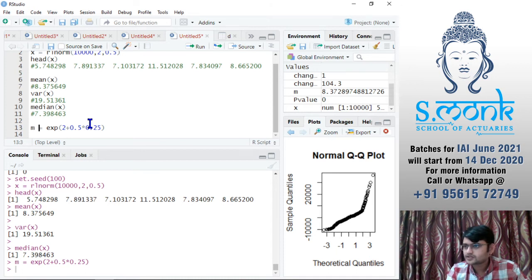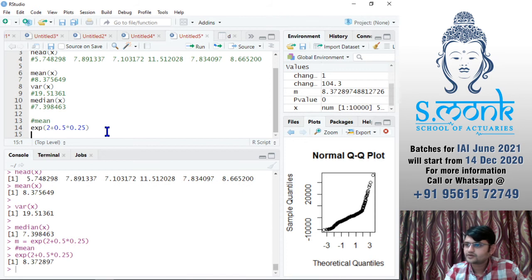Because we do not actually need to store the value, I will just say mean and control enter. This is the value.